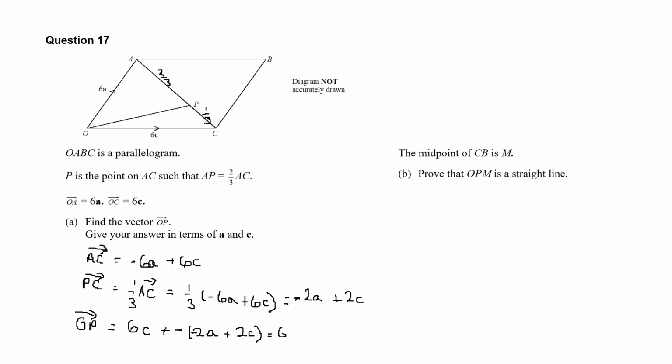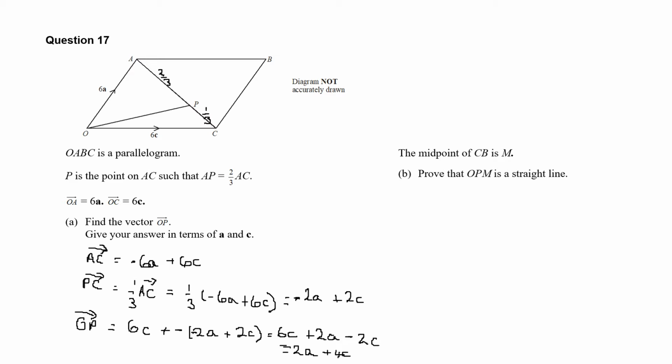That's going to give me 6C plus 2A minus 2C. So my vector O to P is going to be 2A plus 4C.